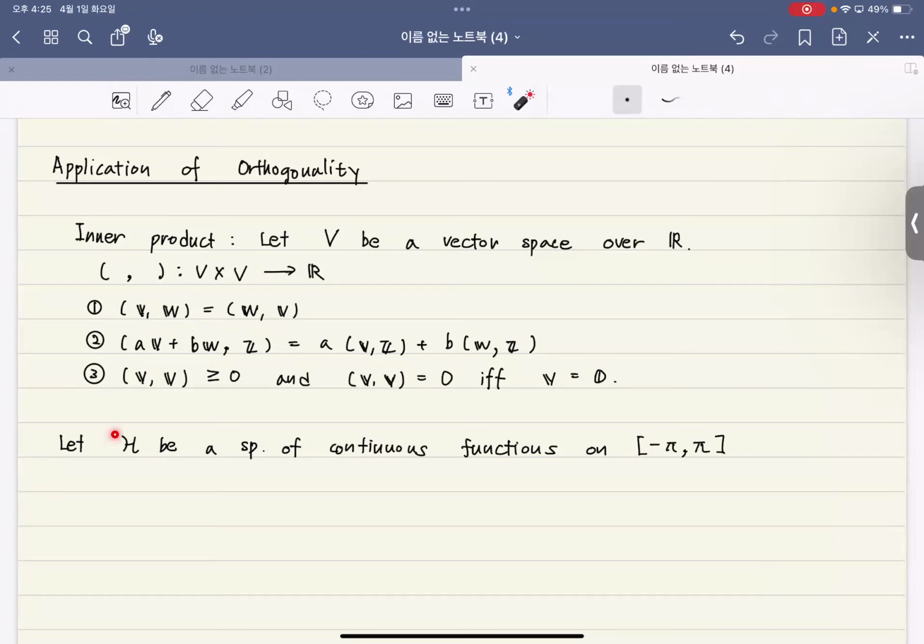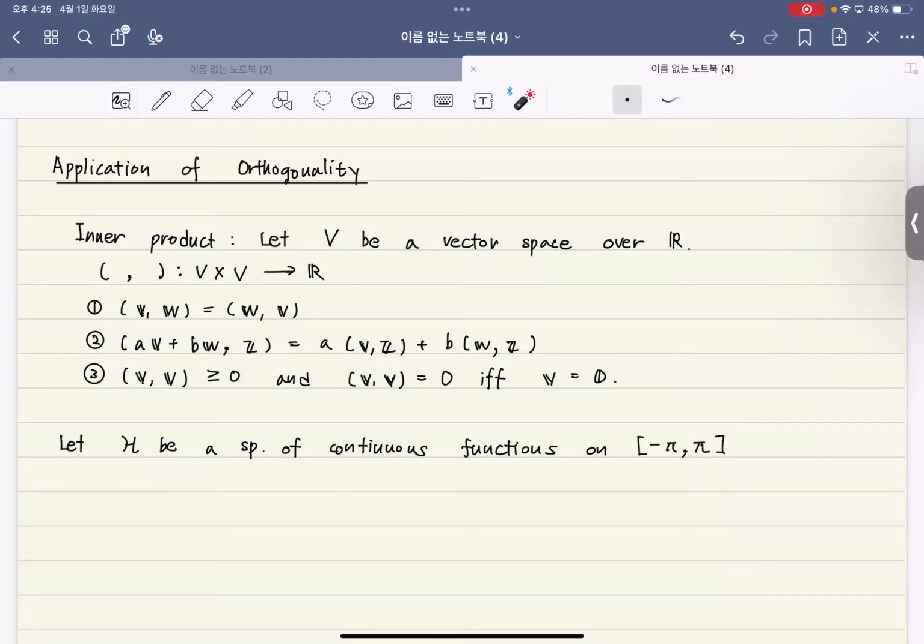This is a scripted H, or sometimes I say curly H. Curly H means the space of all continuous functions defined on -pi to +pi. Is H a vector space? It must be, because if you take any two elements from H, they are two continuous functions on minus pi to plus pi, and if you add them together, the resulting function must also be continuous from minus pi to plus pi.